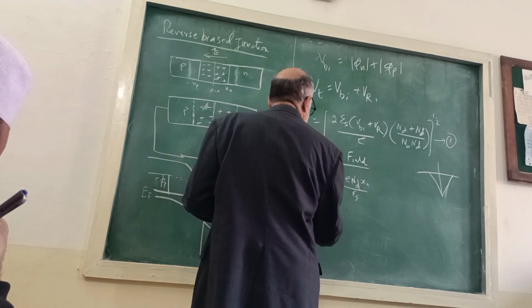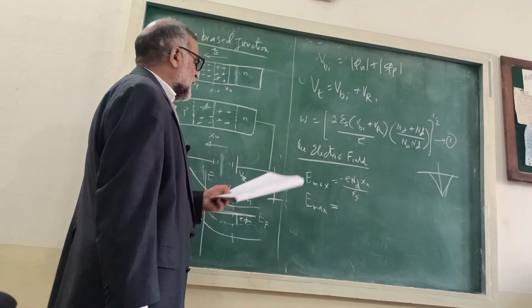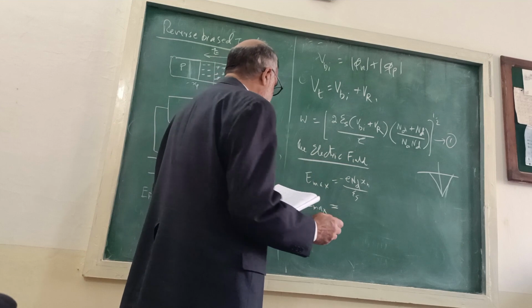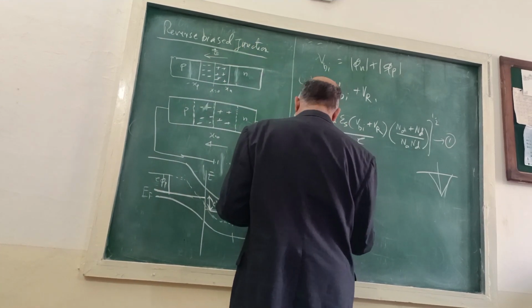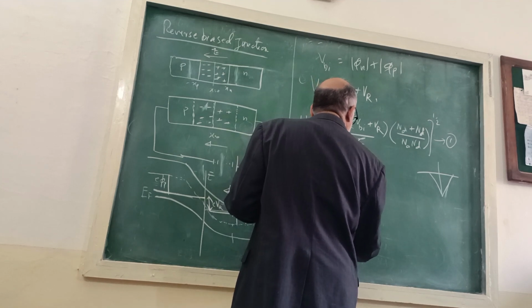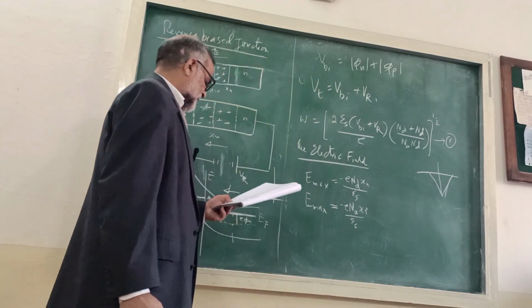If you want to write it in the form of xp, the P side depletion region, and in the form of the hole doping NA, it will be minus E NA xp divided by epsilon S.